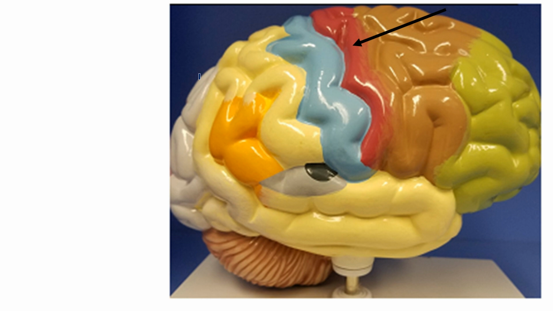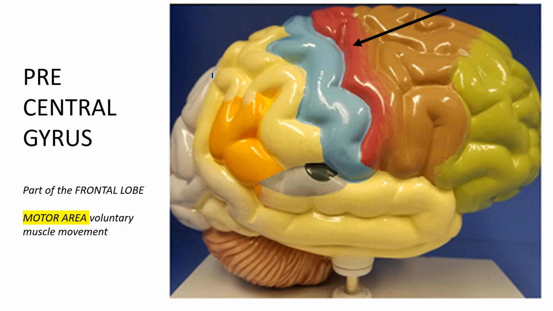Now, this raised structure, this specific gyrus, I'm not going to ask this on the test. It could pop up as a bonus question or something. But because this raised fold comes before the central sulcus, this red elevated fold is called the precentral gyrus.